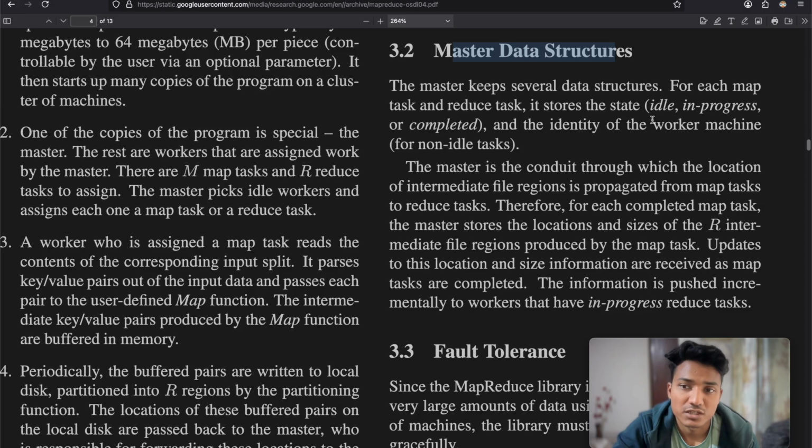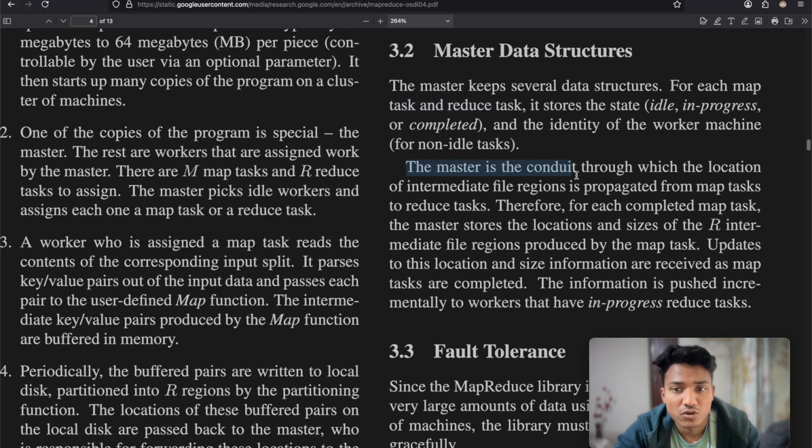Basically, they are saying that for different map and reduce tasks on different workers, they have a master data structure which not only stores the state but also the identity and all the metadata required to make this implementation complete.